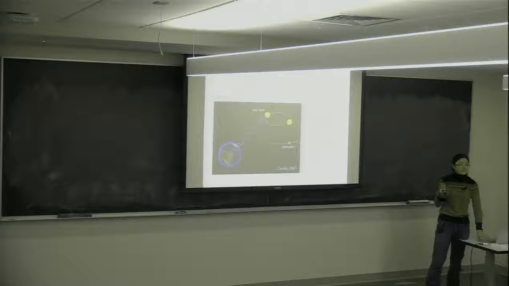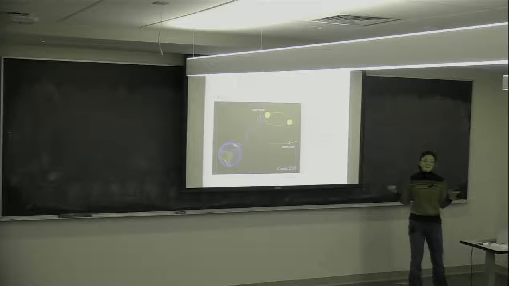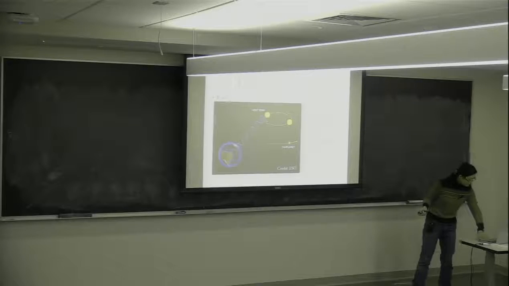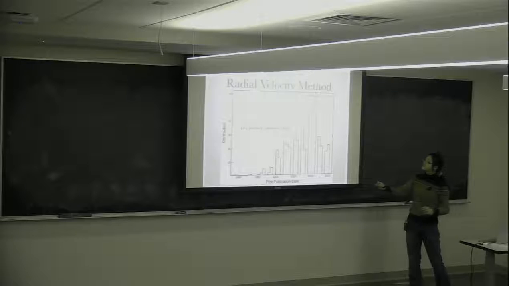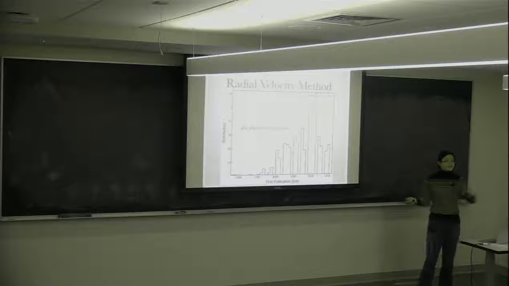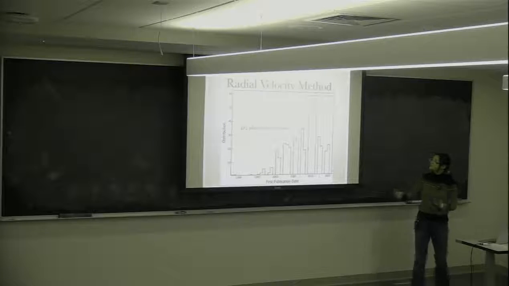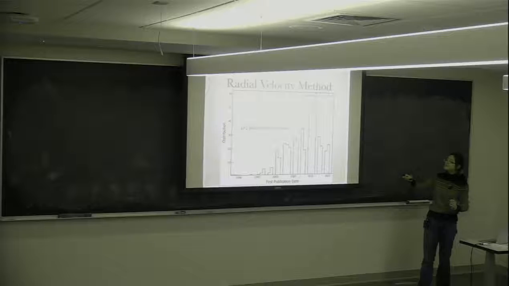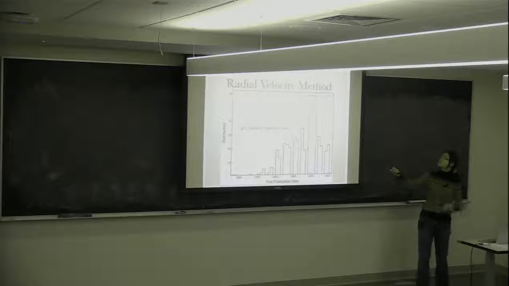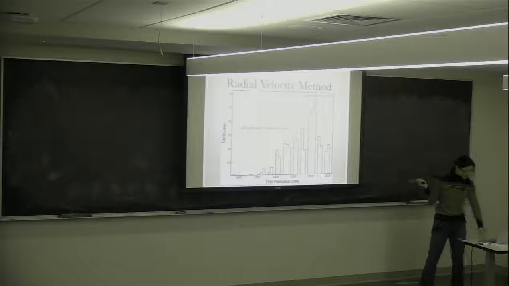Using this method alone, how many planets have we detected? So far we've detected almost 500 planets using this radial velocity method, with the first one detected only in 1988. So there's a rapid growth of the planets detected every year using this radial velocity method.